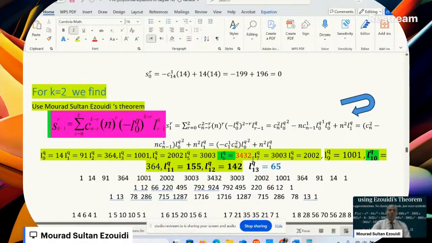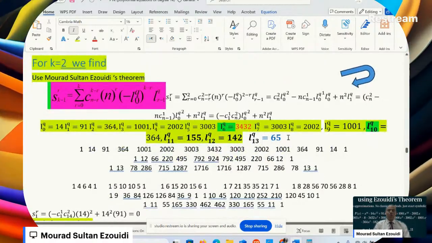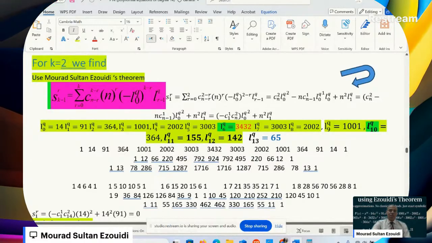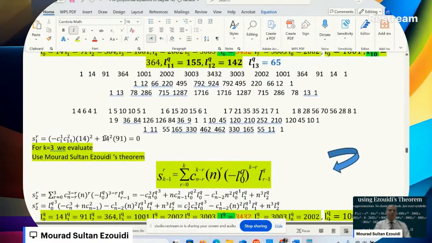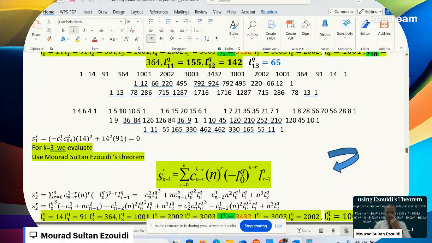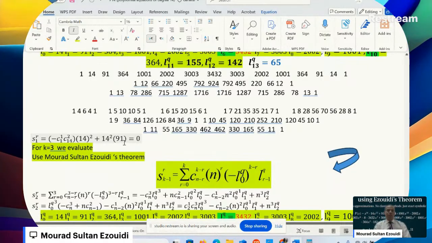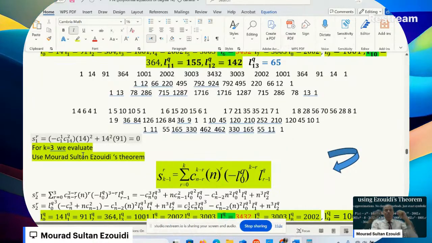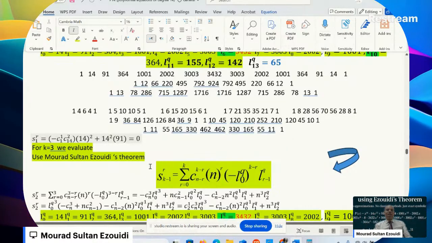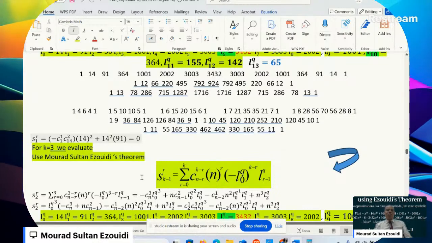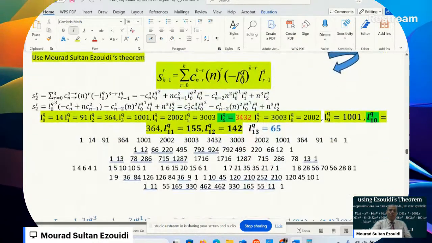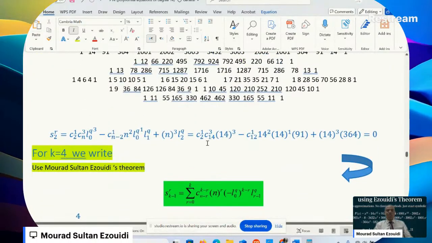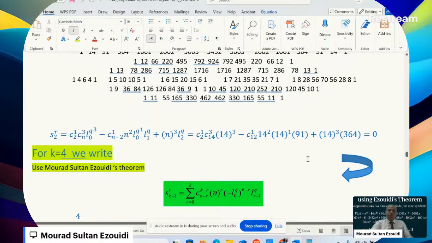Now just calculate: substitute n0 with 14 and n1 with 91, and we obtain that the value of S1 here is equal to 0. We just replace the coefficients of L0, L1 and k. Now we dive into the structure again and put k equal 3, and we see that S2 here is equal to 0, and we did our calculation.